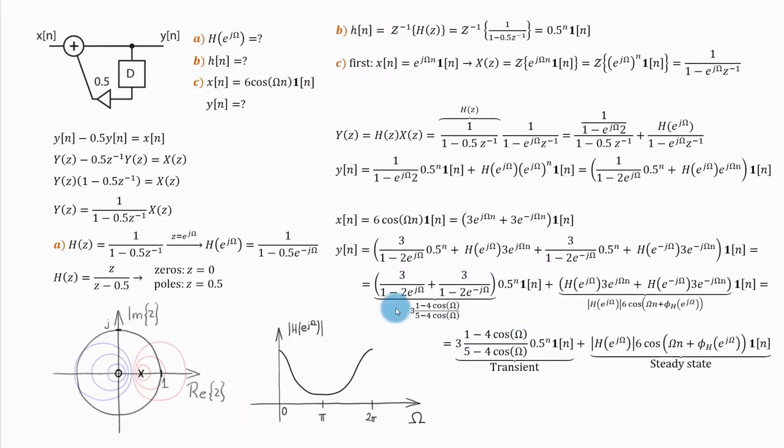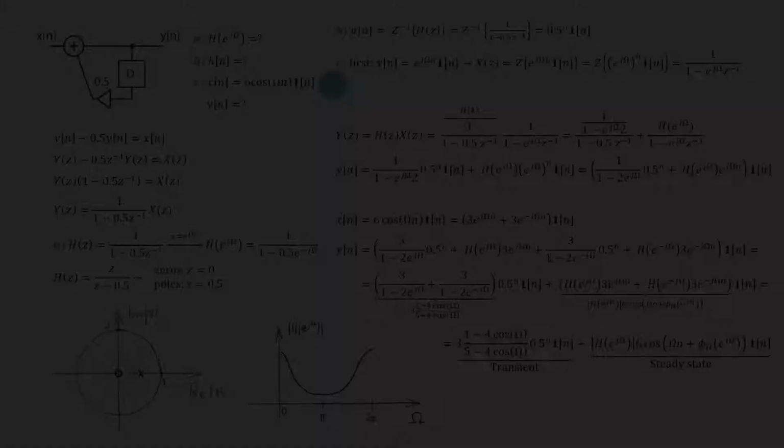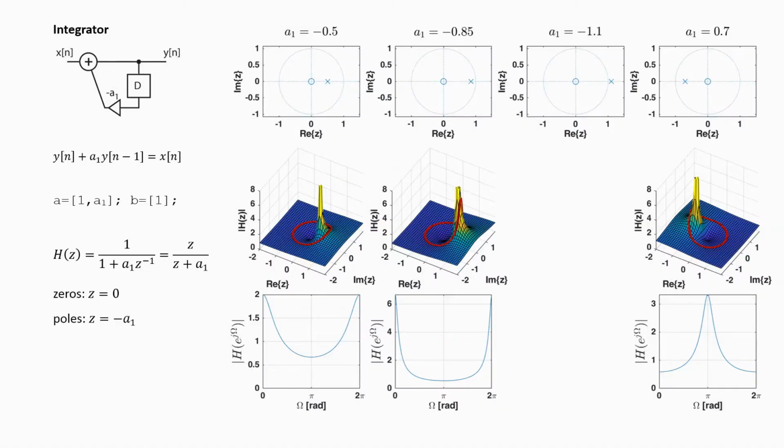All you need to do is to compute the transfer function, the frequency characteristic, and then use the magnitude and the phase of the frequency characteristic to scale this input cosine or sine in amplitude and shift it in phase, and that will immediately give you the steady state output of your system when this is the input.